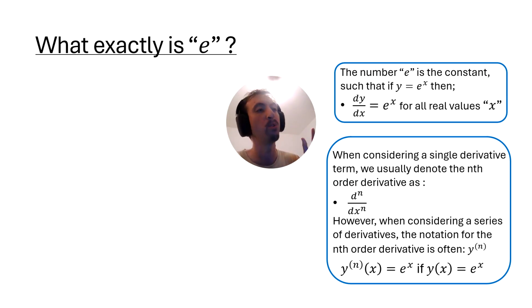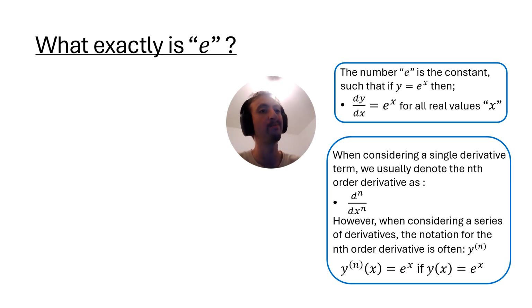Now in this video, we're not going to be worrying about taking fractional derivatives, so n is always an integer, and due to how we've defined y equals e to the x, it follows that the nth order derivative of y will always give us back y.